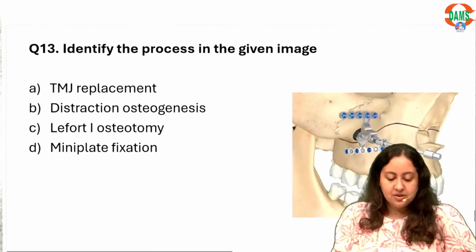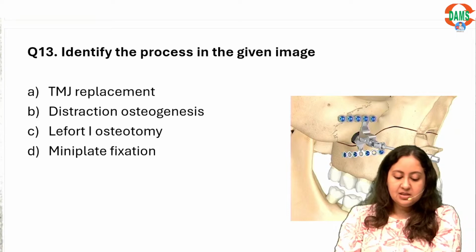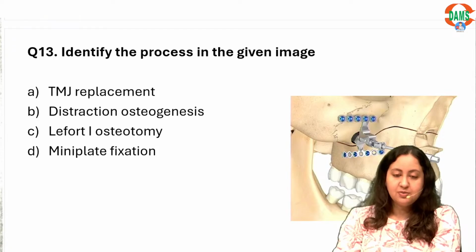Coming to question number 13, identify the process in the given image. A is TMJ replacement, B is distraction osteogenesis, C is Le Fort 1 osteotomy, and D is mini-plate fixation.